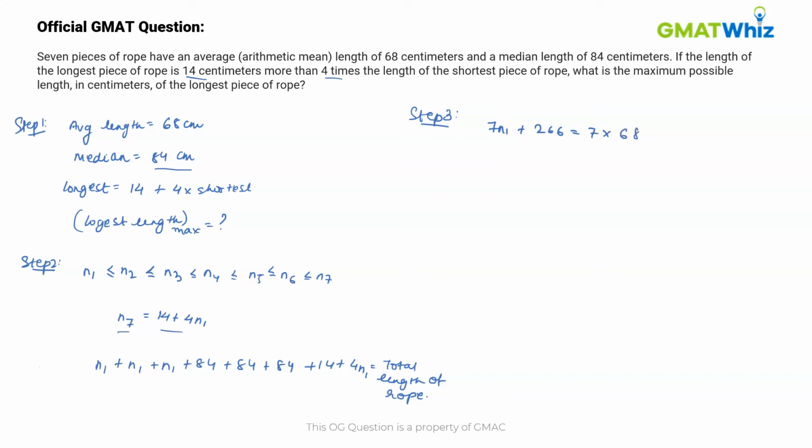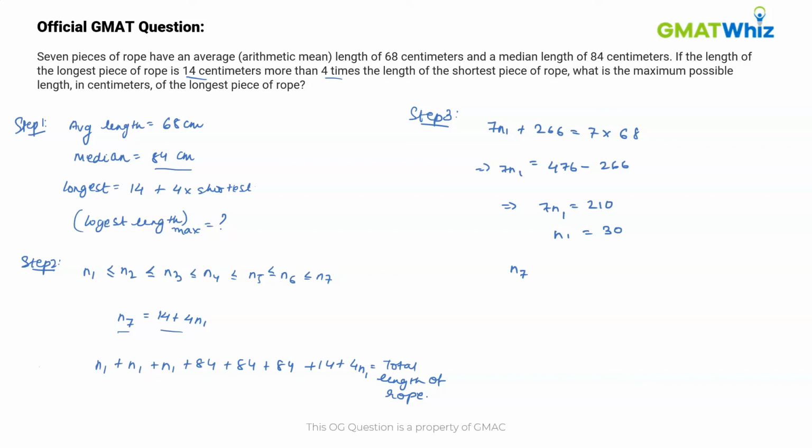Since 68 is the arithmetic mean and there are 7 pieces of rope, this gives us 7n1 equals 7 times 68, which is 476, minus 266, so 7n1 equals 210. This gives us the value of n1 as 30. So the length of the smallest rope is 30.